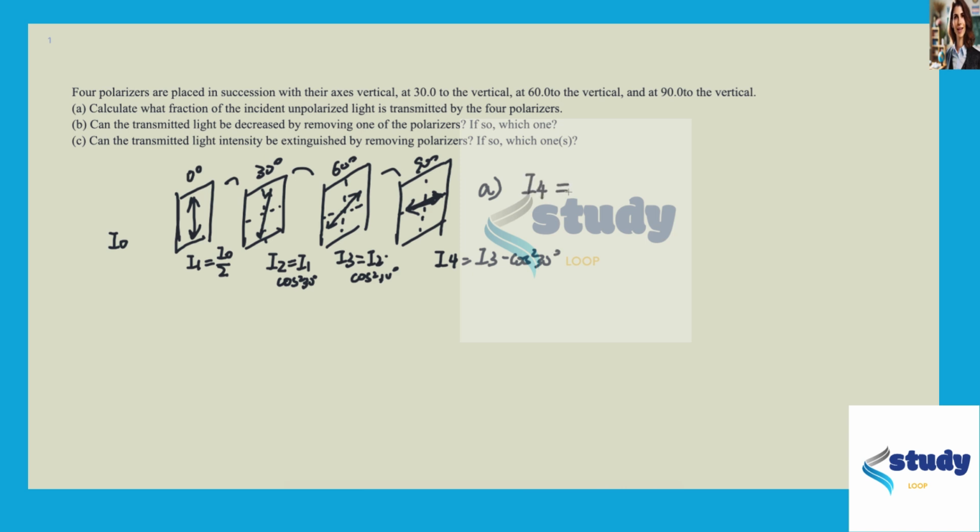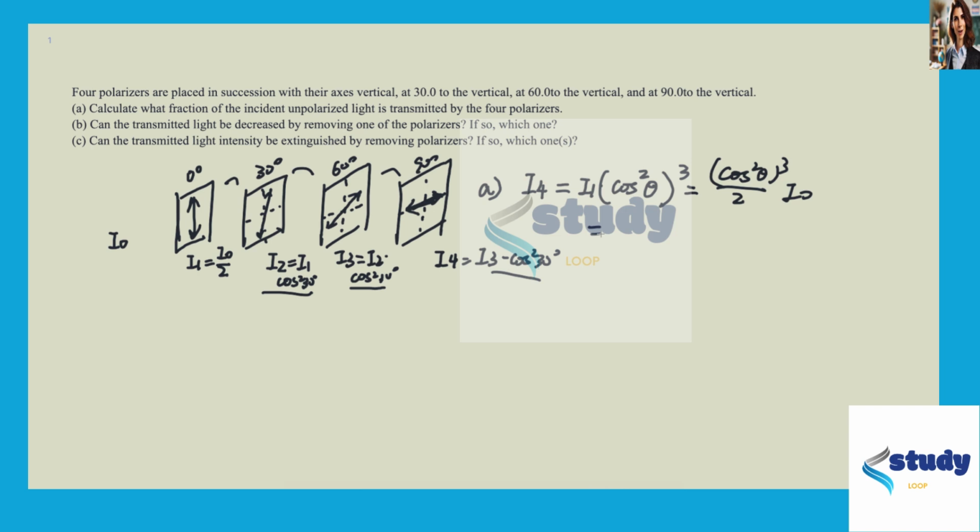I4 equals I1 times cosine squared 30 degrees to the third, because we apply it 1 time, 2 times, 3 times. But I1 is half of I naught. So it's half of cosine squared theta to the third times I naught.